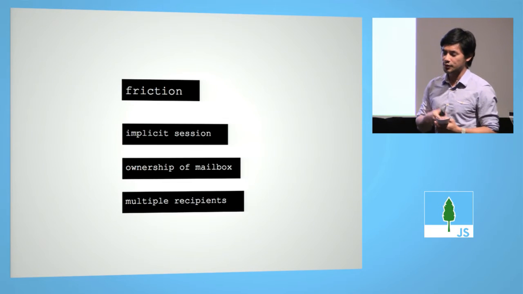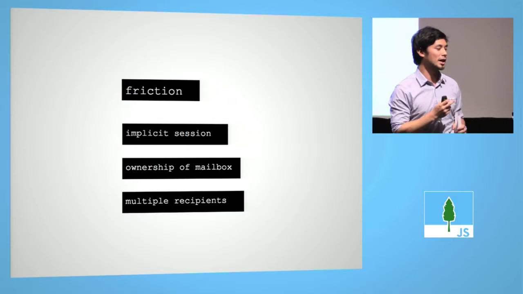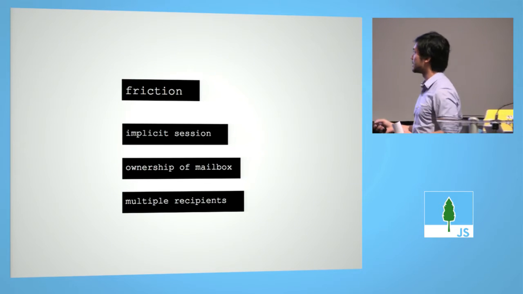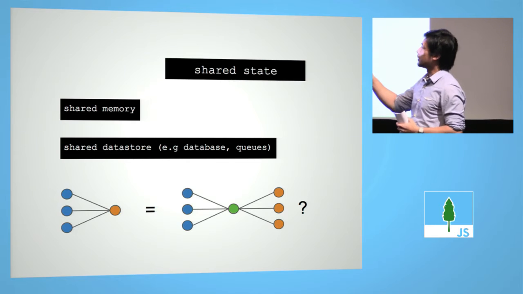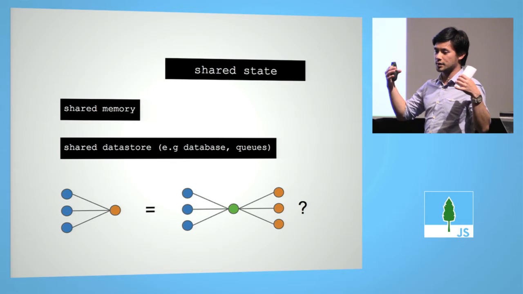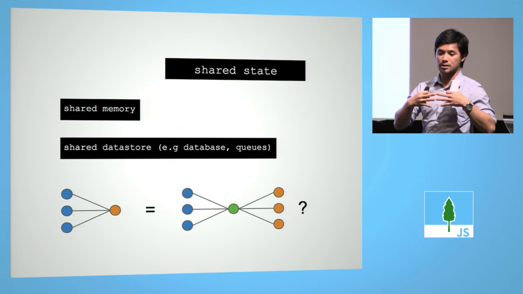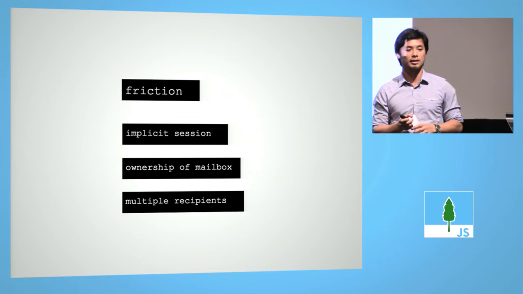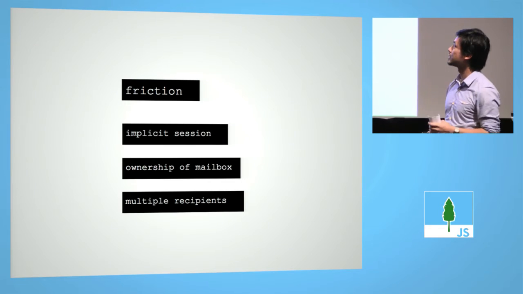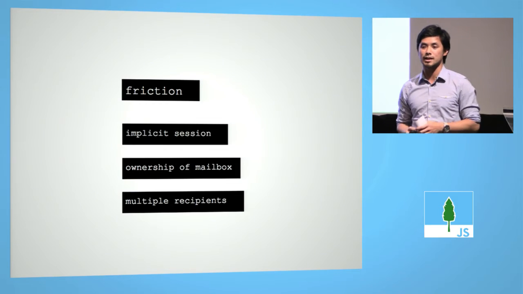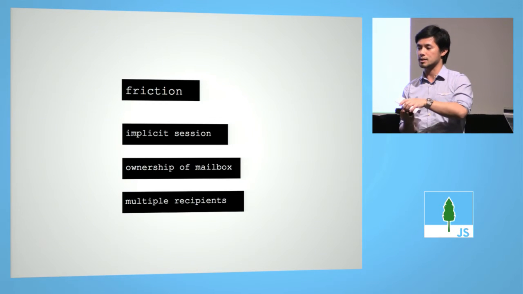I was building a chat server recently, and one of the things I saw was that when we went from a model that had just two entities to one that was mediated via a message queue, we encountered friction in three ways. First thing that we lost was an implicit session that was tied to the TCP connection.